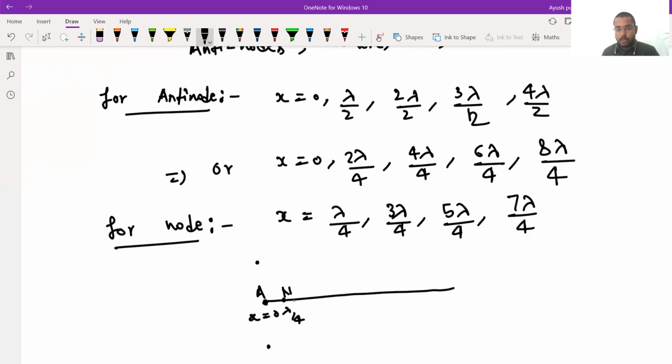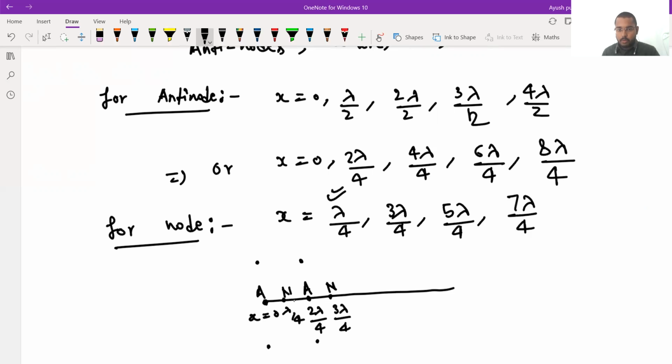Now moving again by lambda by 4, we will be at 2 lambda by 4. Here, antinode. Again, moving lambda by 4, we will be at 3 lambda by 4. Here, a node will be formed.